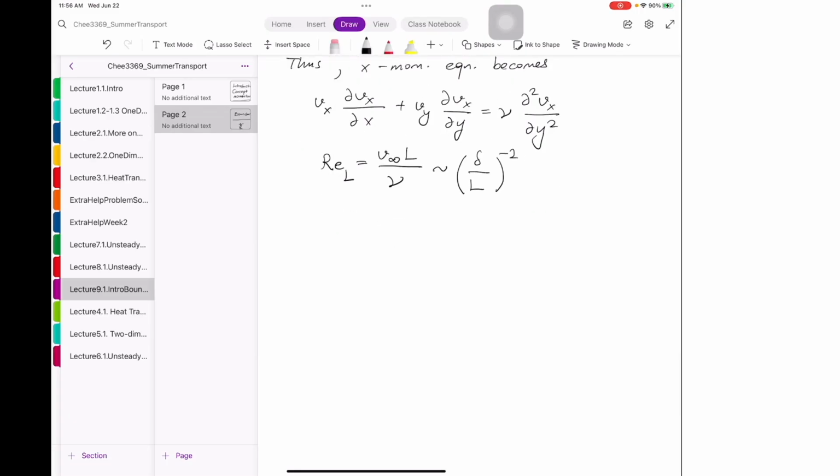Okay. What does it say? Thus, the assumption delta much less than L is valid when the Reynolds number is large enough.